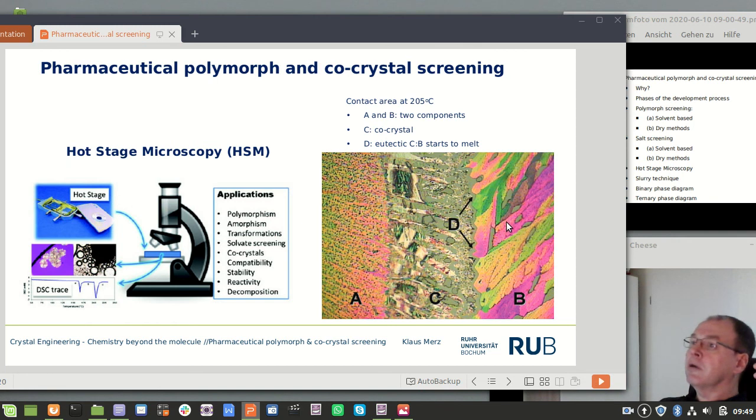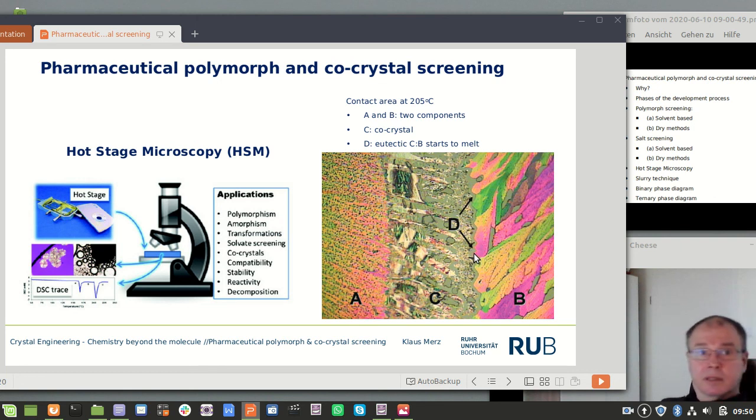So this was in the contact area at around 200 degrees. As I said, the 2 compounds, and here region C, this is the region where a new compound entity is formed. And what you see also, here in region D, the borderline to region B, is that a eutectic mixture of C and B starts to melt.